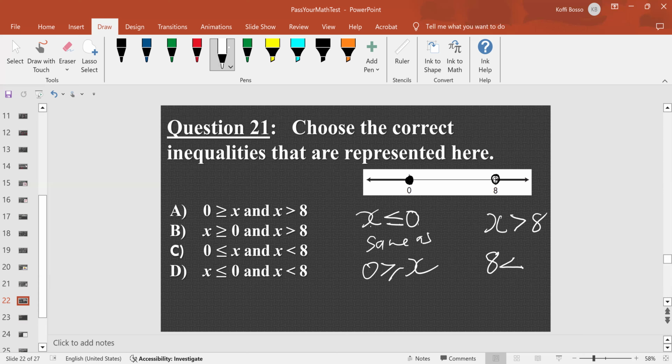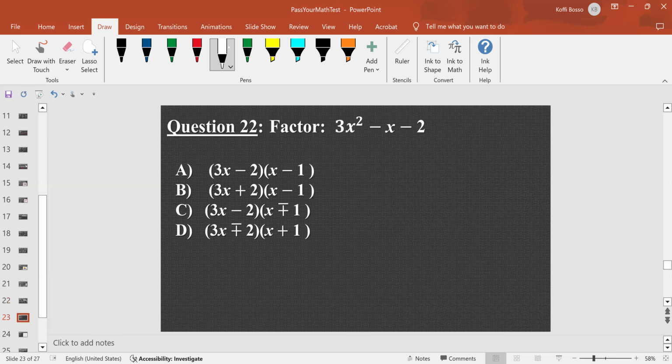So if you check all four choices here, the one which has this information is A, because they say 0 is greater than or equal to X, which is this one here, and X is greater than 8, which is this one here. So that's the correct choice. In another video, you can see they give you these inequalities and ask you to graph them. Okay, let's continue. Question 22.